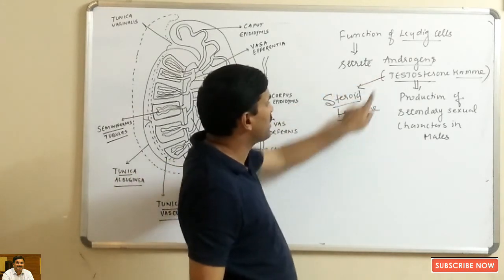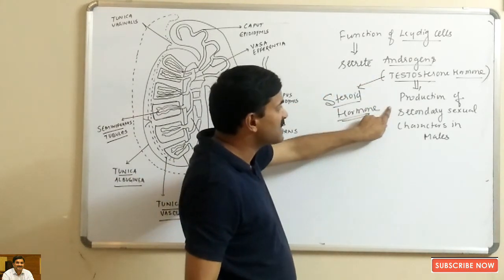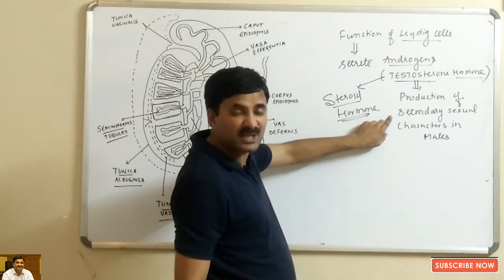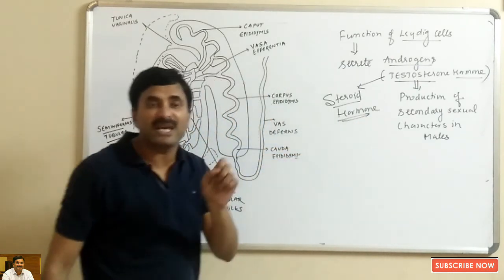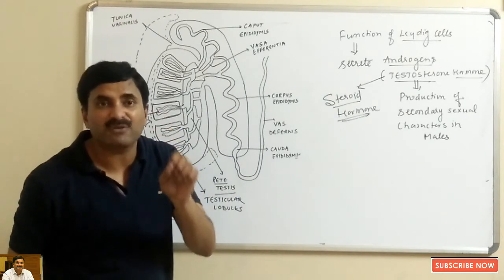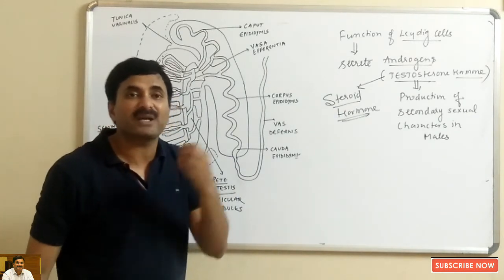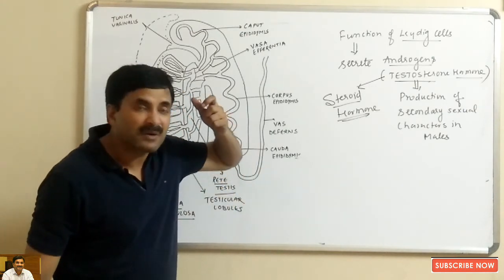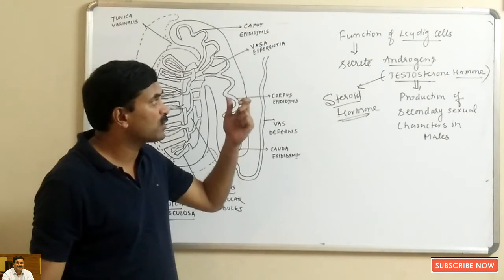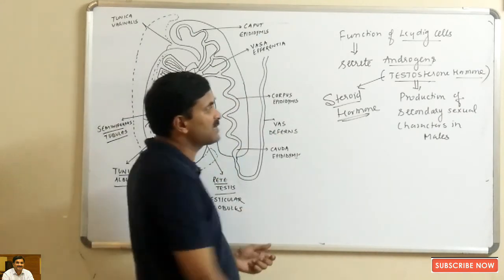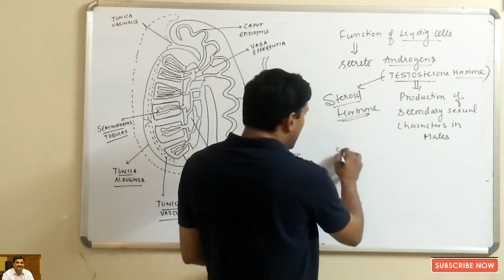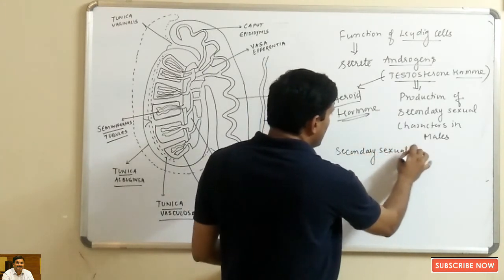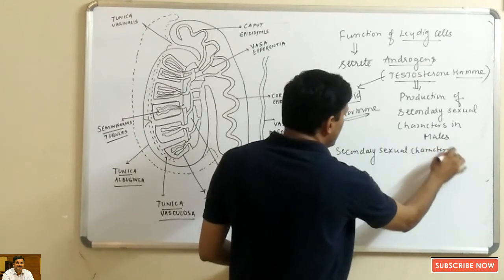Now this testosterone hormone is steroid in nature, and it is responsible for the production of the secondary sexual characteristics in male. As soon as the male enters the age of puberty, that is at the age of 13 to 14, certain secondary sexual characteristics arise in that male, and the hormone responsible for them is testosterone. Here are some secondary sexual characters found in the male.